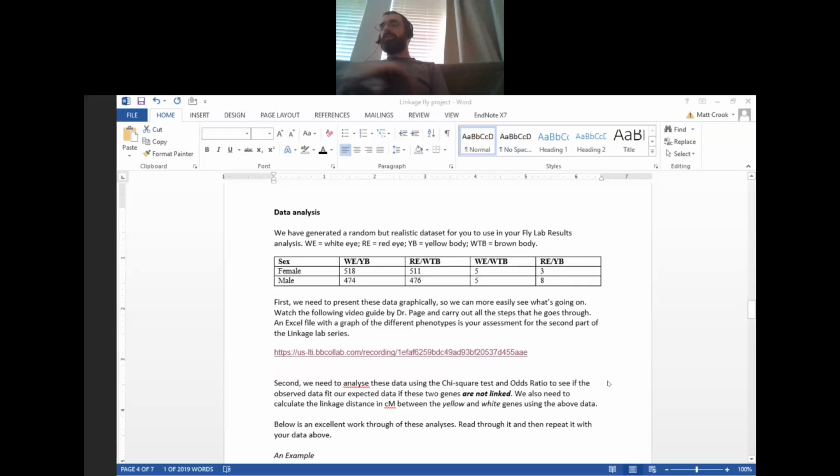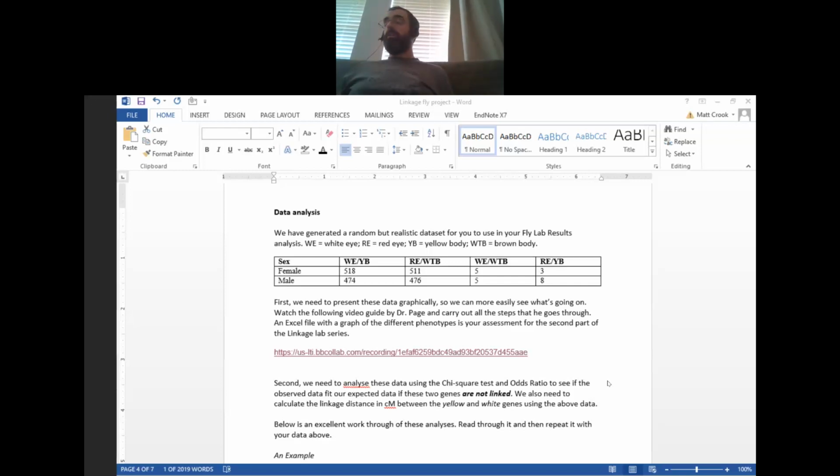And so this is always a slightly tricky thing because essentially, how do you know what to expect, right? So you can take two extreme positions. You could expect that they are not linked. That's actually probably a better null hypothesis, to be honest. Or you could expect that they're completely linked, right? So there is no recombination between them.